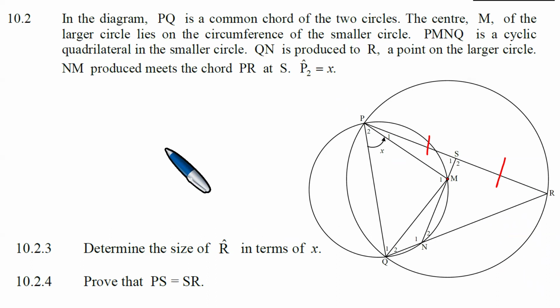Just to mention, okay? We're just mentioning it, that PR is not a diameter. If it were a diameter, we know about diameters. We love diameters because they have special properties in geometry. But now it's not, okay? Yeah, but okay, it's an observation, yes? So the question is, the examiner saying we must prove that PS is actually equal to SR.